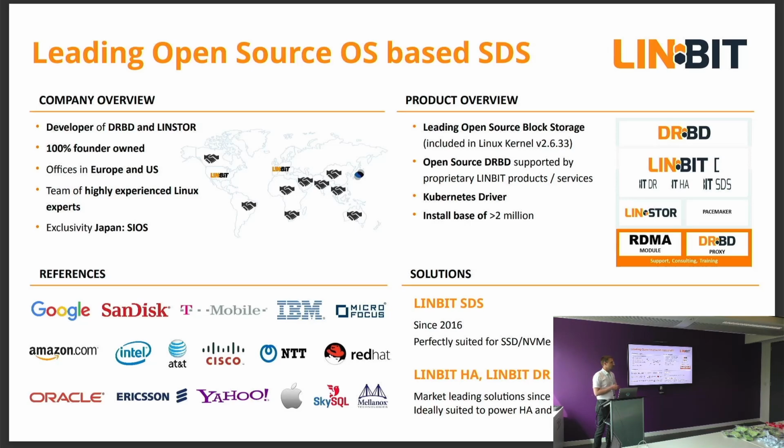The currently shipped version with the kernel is still version 8, but we already have version 9, which is out of tree, and we are currently in the process of getting that merged into the tree again. On top of that, we also have LINBIT Proxy, which is a commercial product, and then LINSTOR, which is a part of the SDS product.